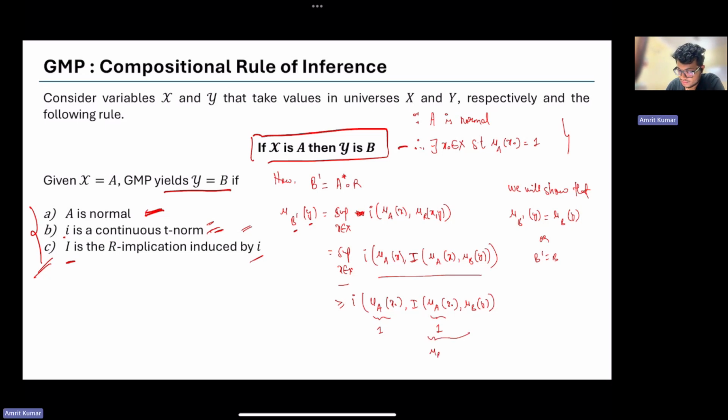This whole thing would become nothing but mu B of y, or in other words, we get this. But we know that one is the neutral element of any t-norm, no? So we'll end up getting this. Thus, we are able to show that the membership of y in B dash is greater than or equal to the membership of y in B.